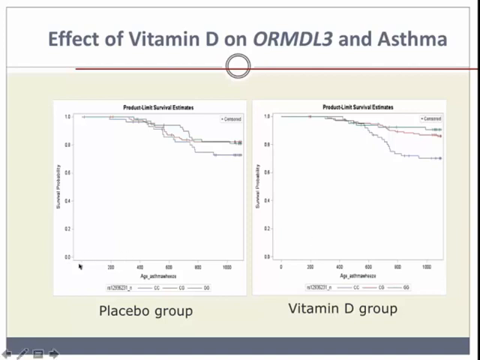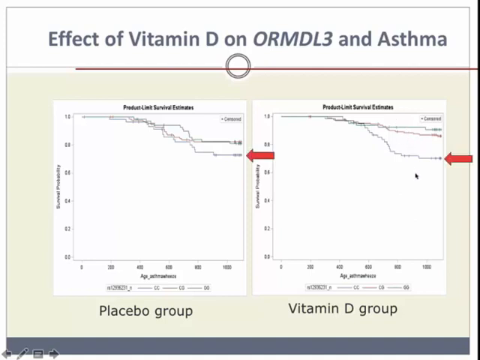This starts at when children are born, and this goes throughout life and identifies when these individuals were diagnosed with diseases. So every time individuals were diagnosed with disease, the line goes down. So the further down this line is, it means more people diagnosed with disease. So here we have the placebo group and the vitamin D group. And then we also have this stratified according to risk genotype.